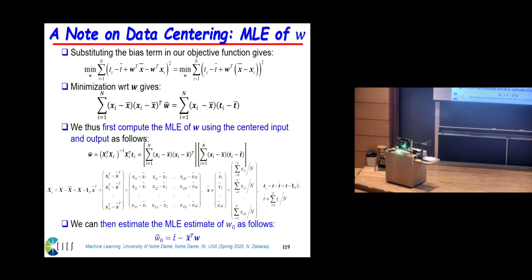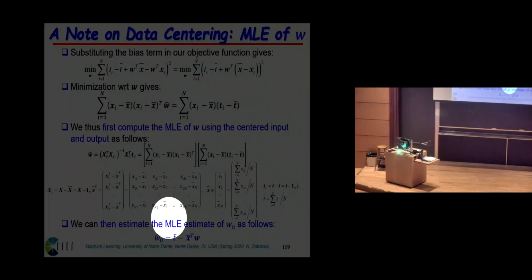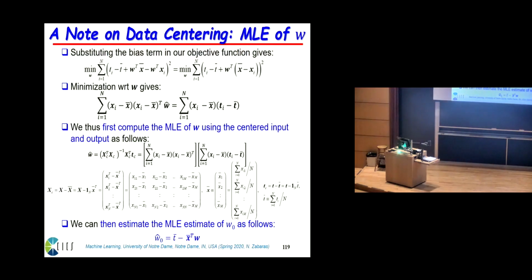Once you compute your w's, you can come back here and evaluate what the W0 is. So you always need to do some pre-processing of your input and the output, and there is a reason for that. So you should definitely not regularize W0.